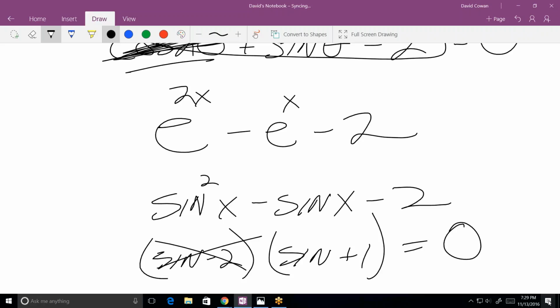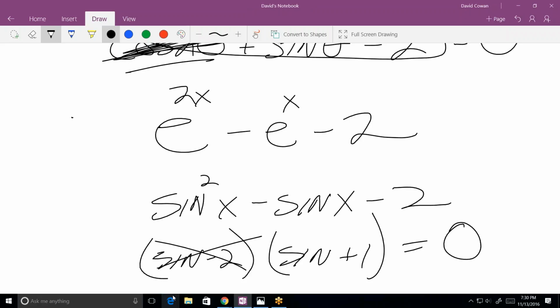A lot of times when you have quadratics, one of the solutions doesn't count. It's extraneous. With trig functions, you frequently find an extraneous solution because you end up with sine minus 2 being equal to 0, which means sine would have to equal 2, which is impossible.